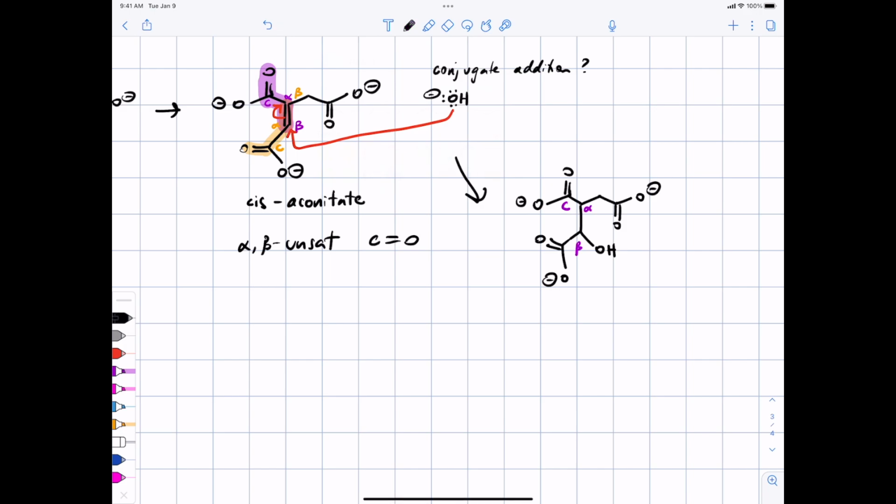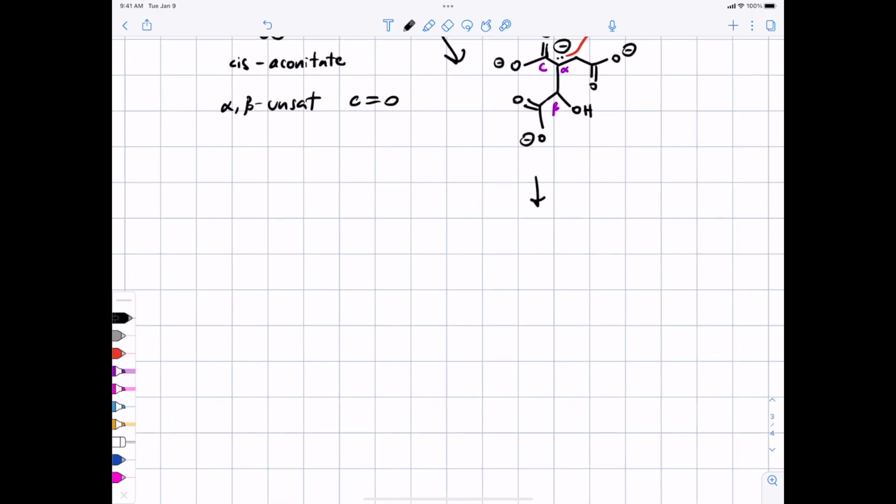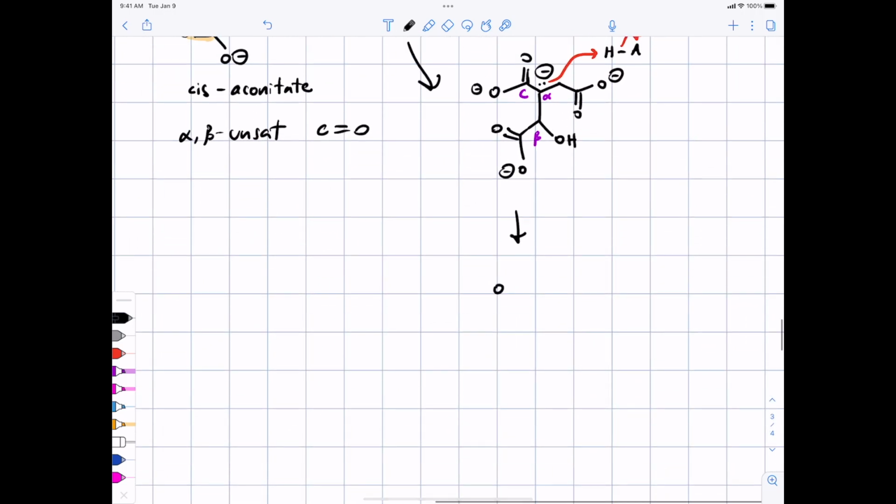Here's the alpha carbon. Right now it's got a negative charge on it. And that's simply going to pick up a proton from some source, the enzyme probably, to give us the product, which is an isomer of citric acid. It's not citric acid itself because the OH group is in a different spot.